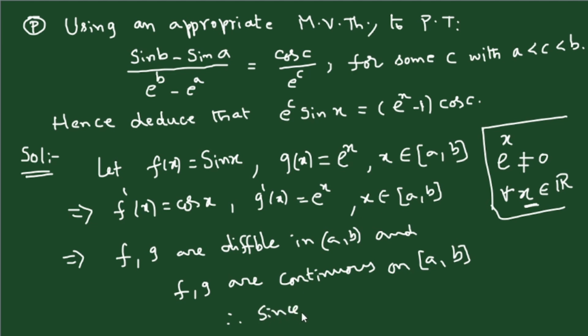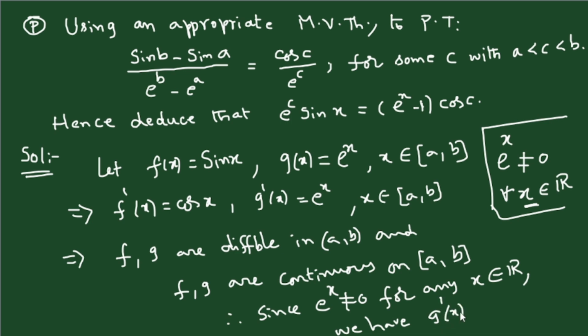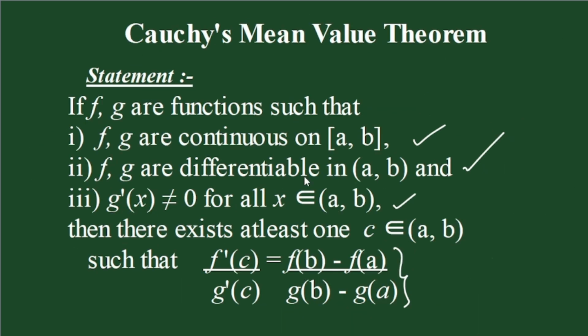Since e^x is not equal to 0 for any x belonging to the real line, we have g'(x), which is e^x, also not equal to 0 for any x belonging to this particular interval. This particular interval is a part of the real line only, right? So the third condition is also true. So when all three conditions are satisfied with these two functions, we can apply the theorem, right?